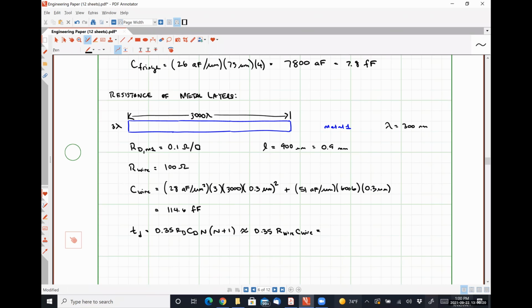When our N here is 1,000, N times N plus 1 is pretty dang close to N squared. So I'm just doing a quick and dirty estimation here.